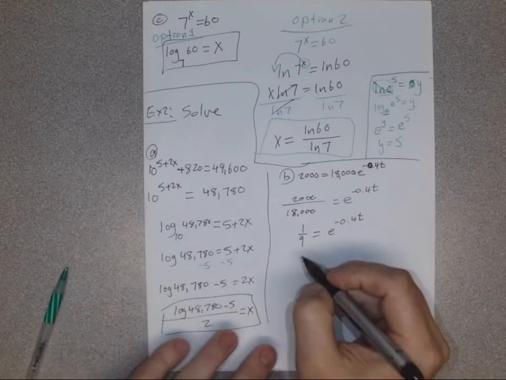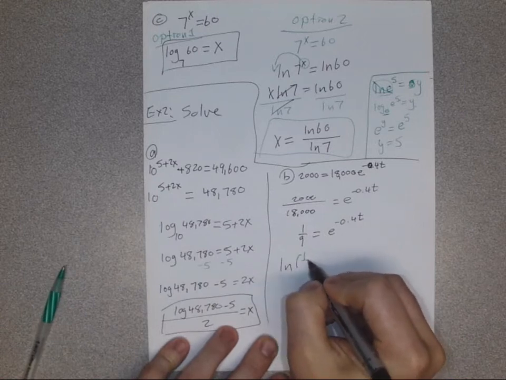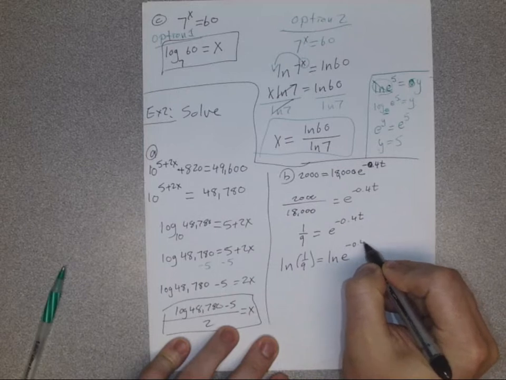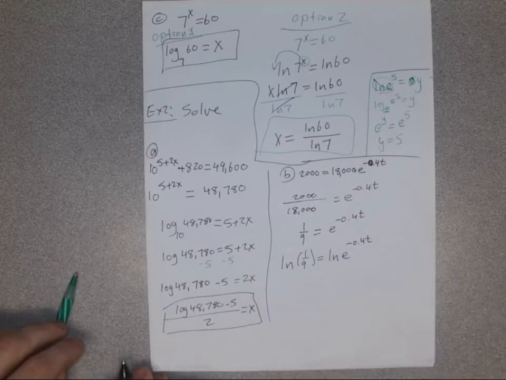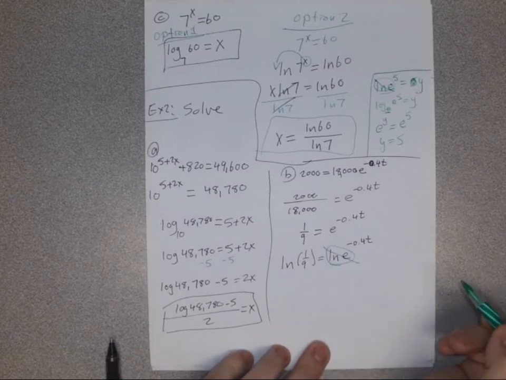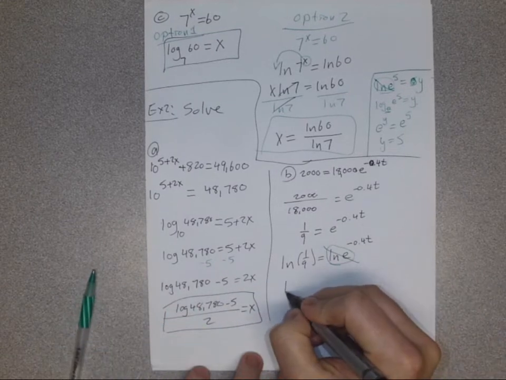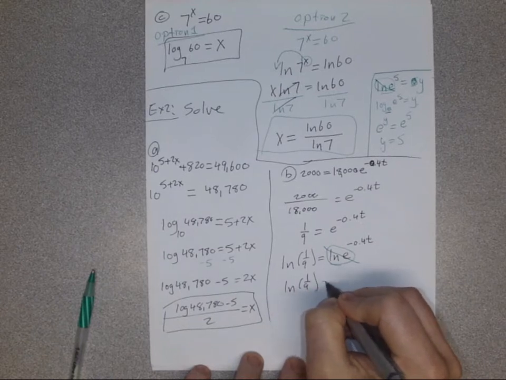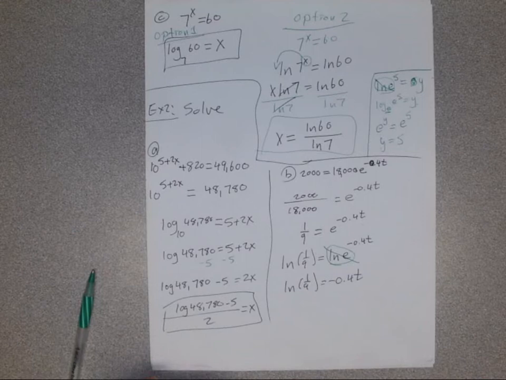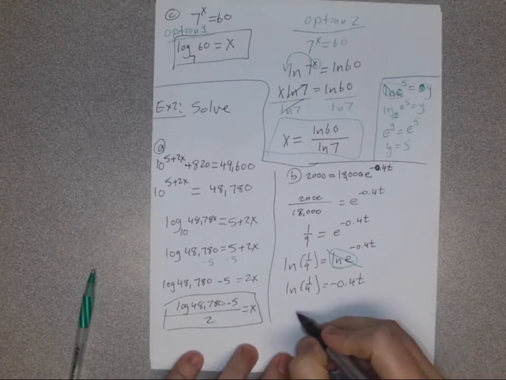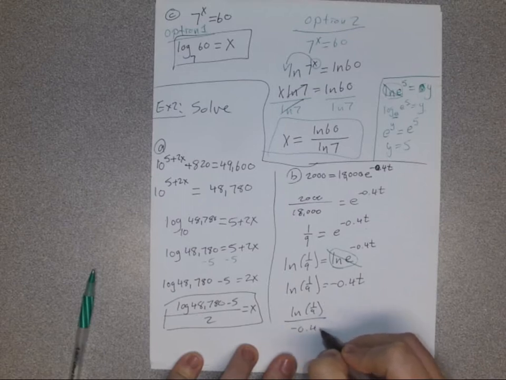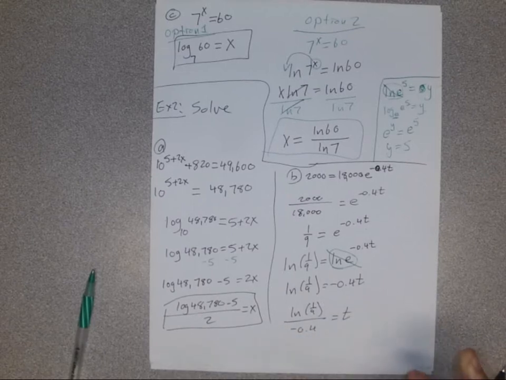So, let's work it out. The natural log of 1/9 is equal to the natural log of e raised to the negative 0.4 t power. I know this will cancel out. Natural log of 1/9 is equal to negative 0.4 t. Almost there, just divide both sides by negative 0.4. Natural log of 1/9 divided by negative 0.4 is equal to t.